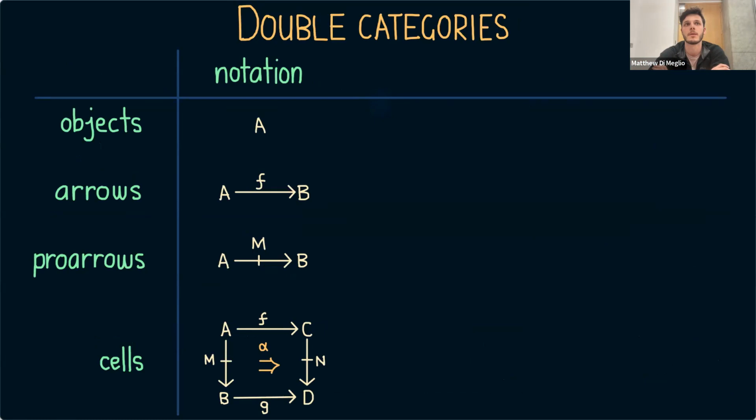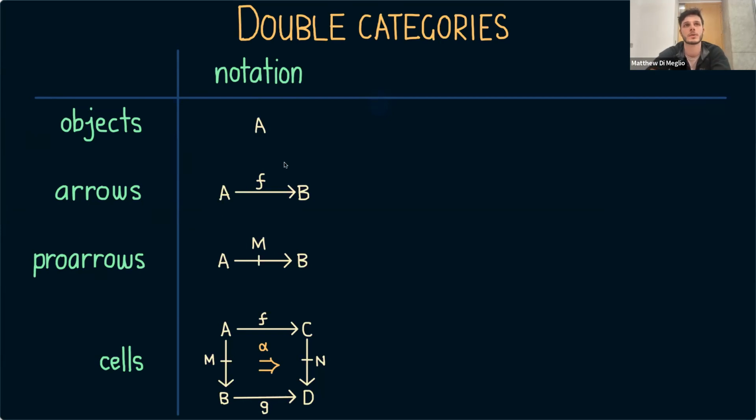So a double category, as Bob said, is a category where you have two kinds of morphisms and a way of talking about compatibility between them. In my notation, rather than talking about horizontal and vertical arrows, because often there are different conventions as to which direction is only unital and associative up to isomorphism, I'm going to talk about arrows and pro-arrows.